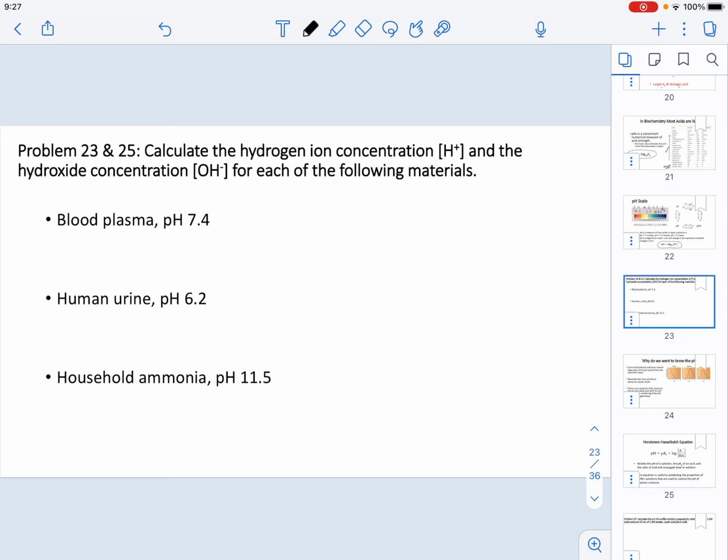As you can see here, we only have the pH levels for these substances. The first one that we have is blood plasma. I'm going to work out the problem for blood plasma, but the procedures I use are also going to be used for human urine and household ammonia.